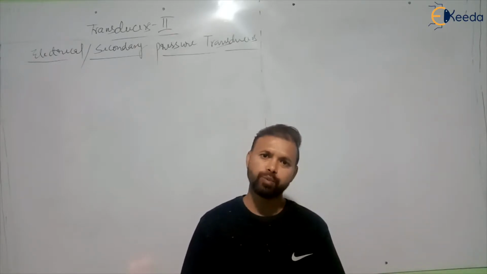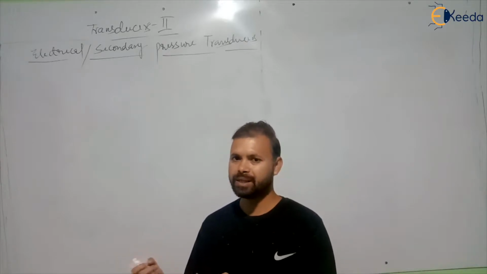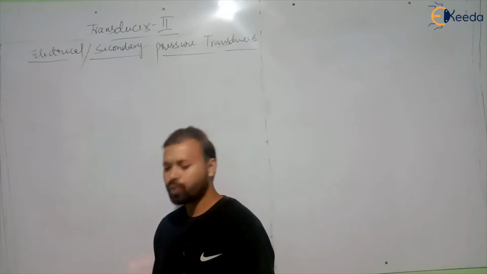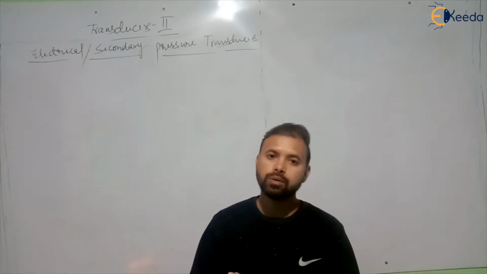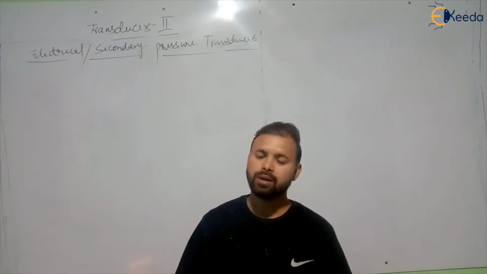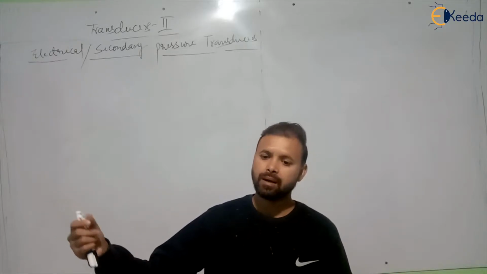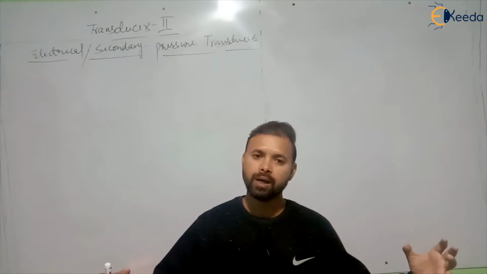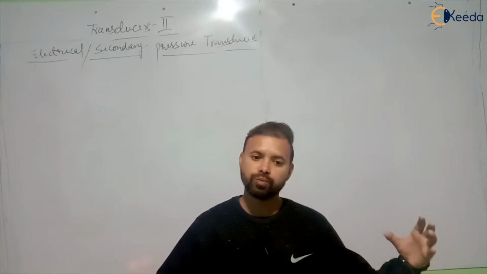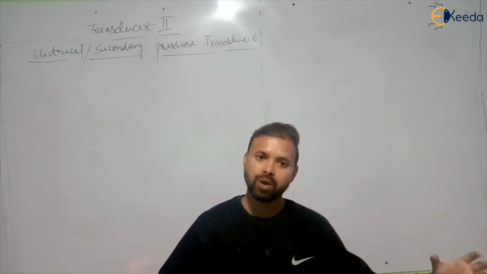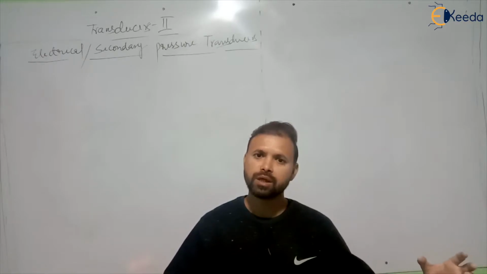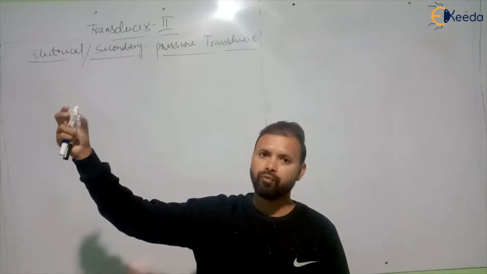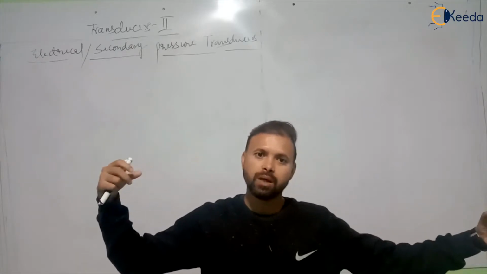So if you want to process the output or display the output at a distance from the process where the process is going on, you don't want your result to be displayed there itself. You want the result to display in your control room, which is 1 kilometer apart from the industry.